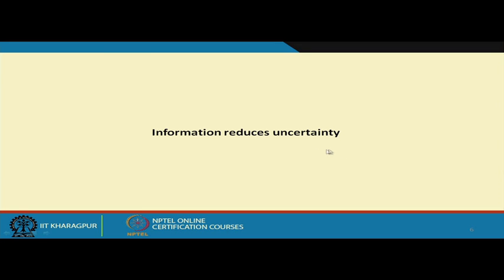we see that information reduces uncertainty. So we looked at one quality of information, which was that information tries to answer or respond to a particular query or a particular need of ours. When we are looking for something or we need something, we are searching for an answer, we seek information. What we try to gather is information. And another quality of information is that it reduces uncertainty and ambiguousness.